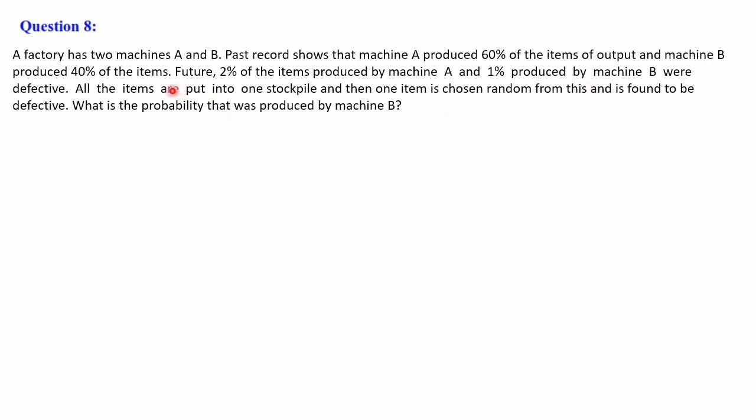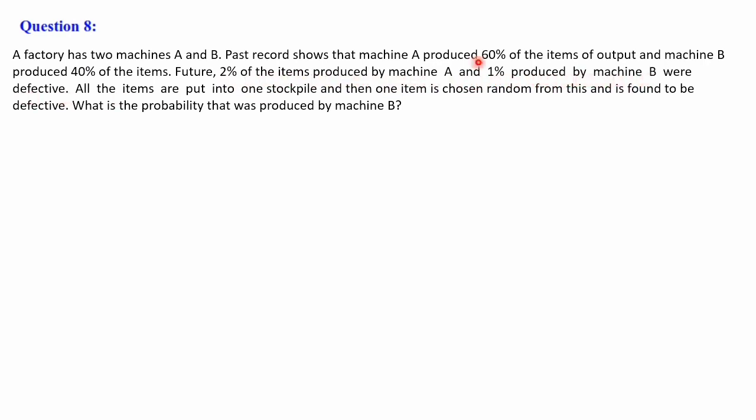This is also quite a simple question, and let's go through the given conditions. A factory has two machines A and B. There are two machines A and B, and the records show that the production capacity of A is 60% and the production capacity of B is 40%. And it was again explained here, 2% of the items produced by machine A and 1% produced by machine B were defective.